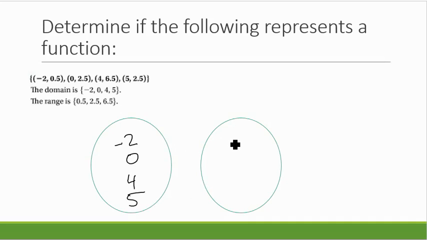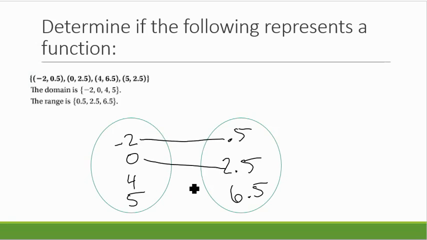Our range is 0.5, 2.5, 6.5. So we know negative 2 goes to 0.5, 0 goes to 2.5, 4 goes to 6.5, and 5 goes to 2.5.